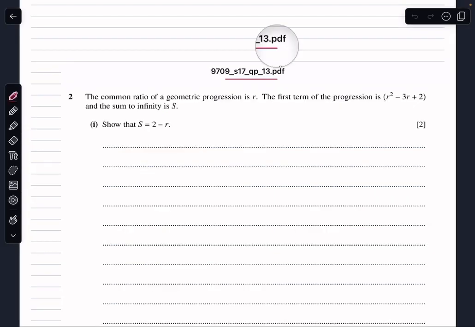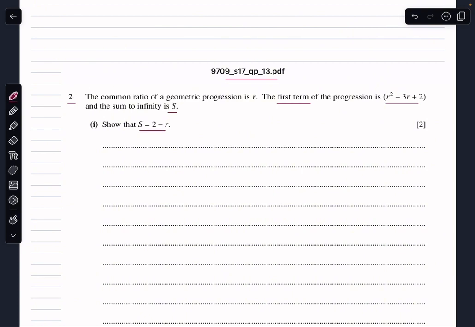The next question is from May-June 2017, paper 1, variant 3, and this is question number 2. The common ratio of a geometric progression is r, and the first term of the progression is given as r square minus 3r plus 2, and the sum to infinity is s. So we have to show that s equals 2 minus r.